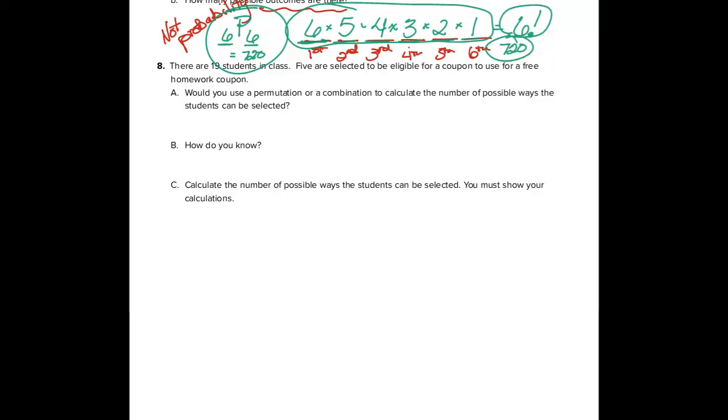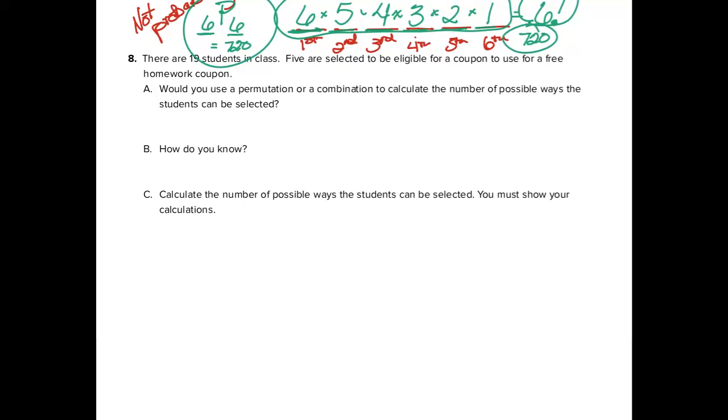Would this be a permutation or a combination to calculate the number of possible ways that students can be selected? What do you think? A combination. Yeah, because order doesn't matter.